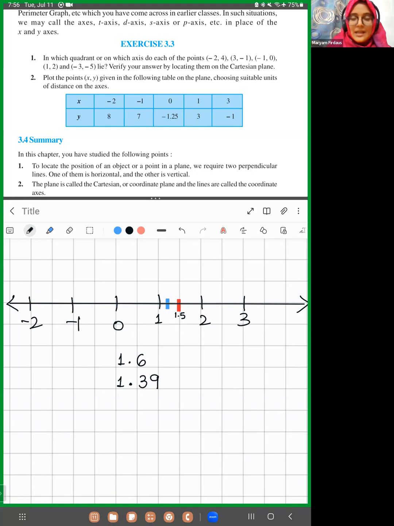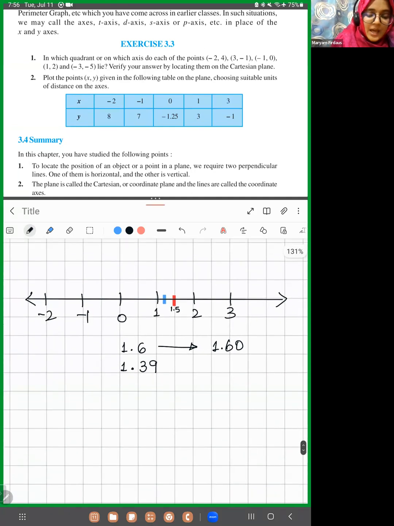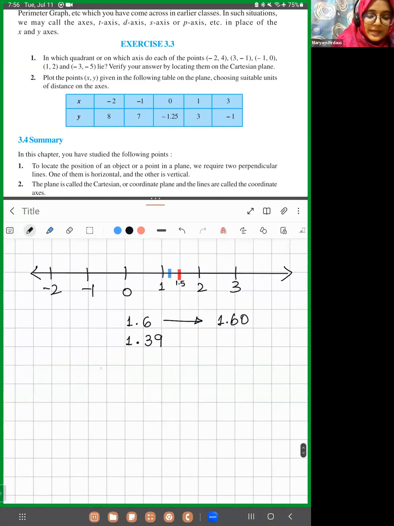Okay. See, Abdul Rahman, 1.6 can also be written as 1.60. Do you know that? No. See, this is just like, if I ask you 0, 4. 0, 4 and 4, are they the same thing?